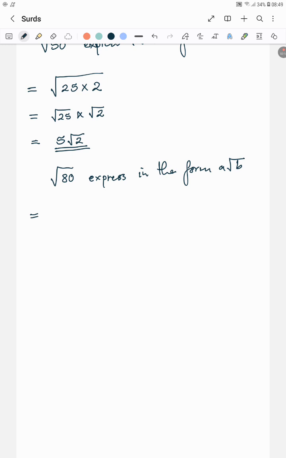So root 80 is the same as root of 16 times 5. So this one is the same as root 16 times root 5, and the square root of 16 is 4, so you end up with 4 root 5.